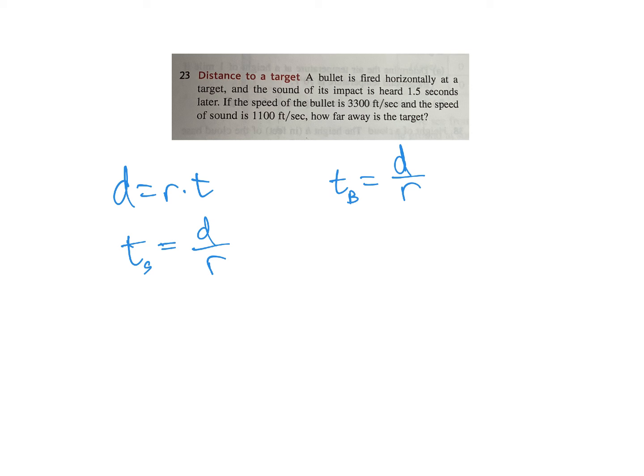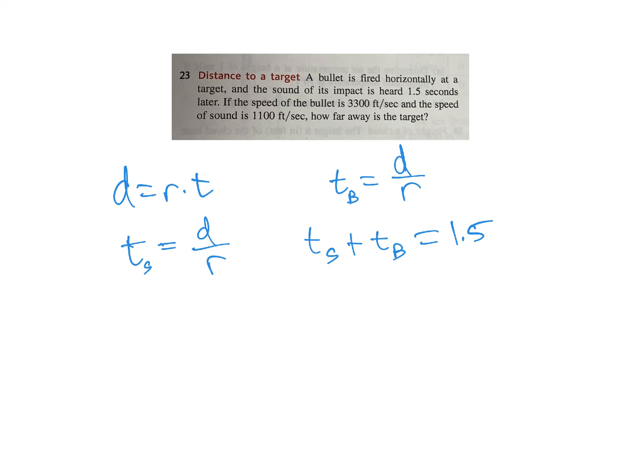We don't know the distance, all right? So we do know the sound took 1.5 seconds. So the sound time plus the time of the bullet is supposed to be 1.5 seconds. If you add those two together, it's supposed to equal 1.5 seconds. They should be the same when you add them together.